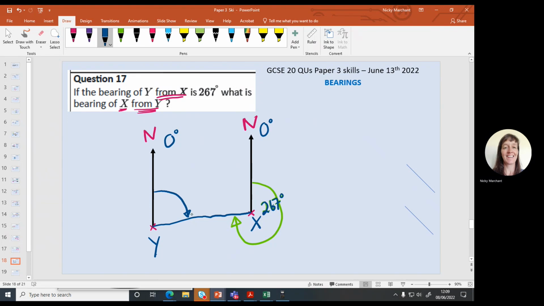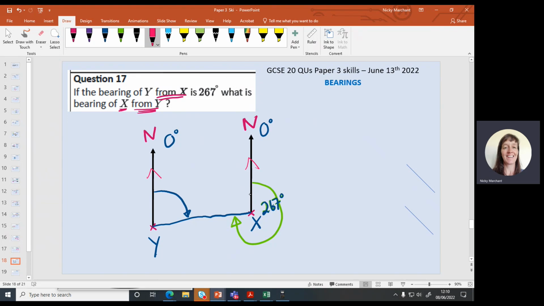So if we haven't got an accurate drawing, we have to calculate it. And if we're going to calculate it, we can use our knowledge that these two north lines are parallel. Okay, they're parallel lines. This now becomes an angle on parallel lines question.